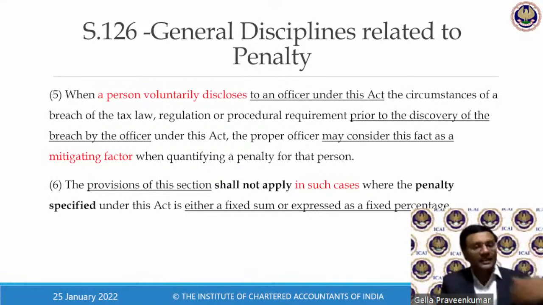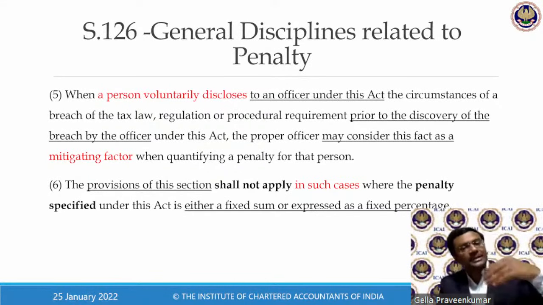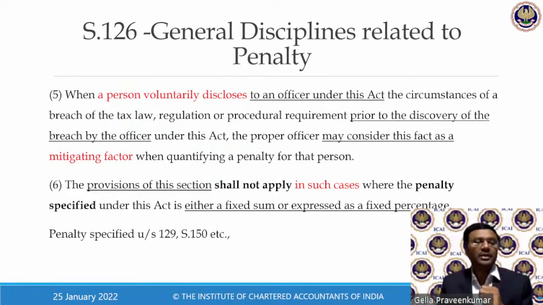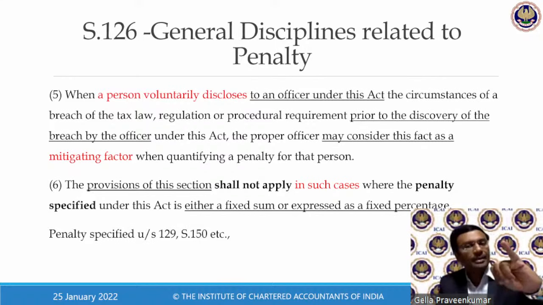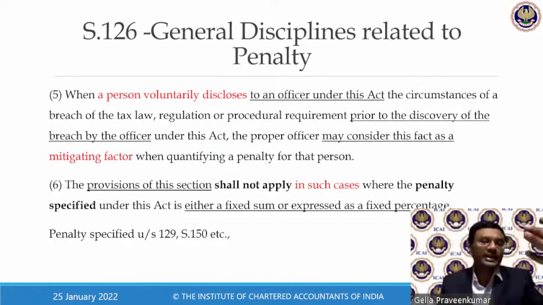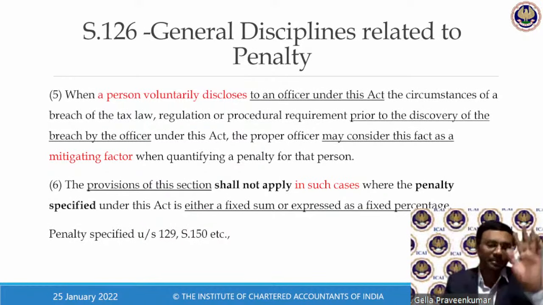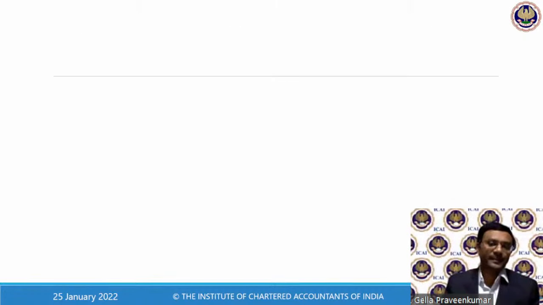The provisions of this section shall not apply in the cases where a penalty has been specified under this act as a fixed sum or as a fixed percentage. So as of now, if you see these payable provisions, they say my penalty is equivalent to 100% or 200% of the tax. When there is a percentage calculation, I need not apply principles of 126.